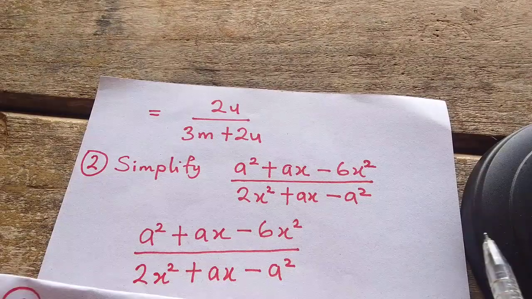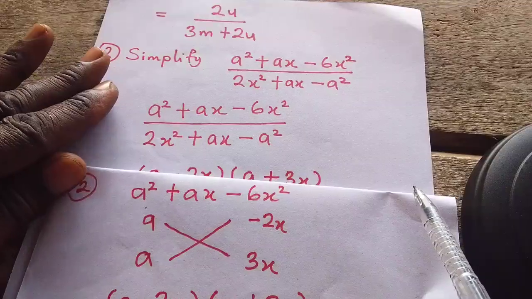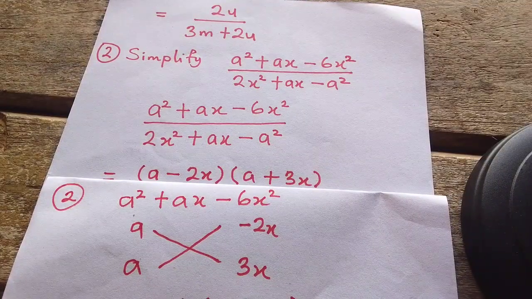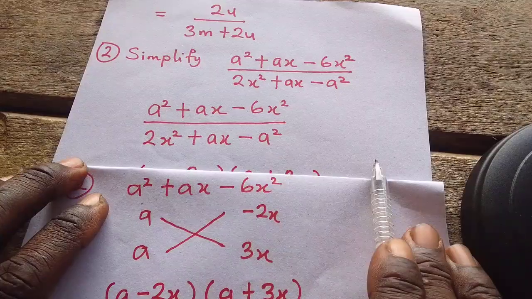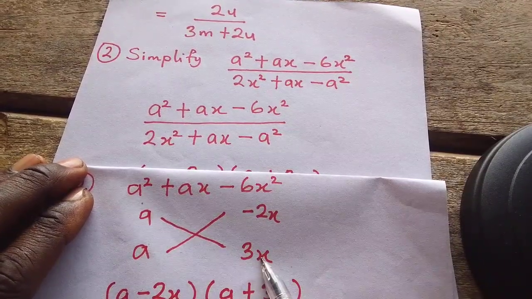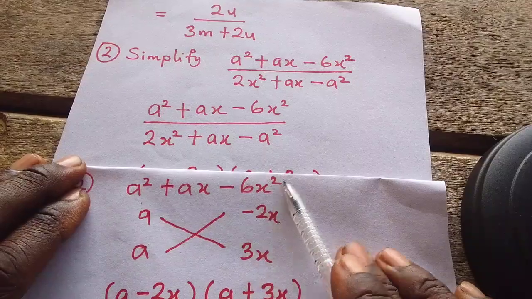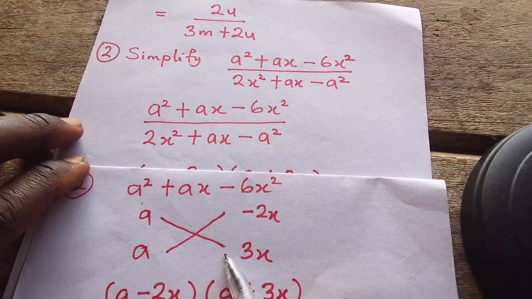So to factorize this a square plus ax minus 6x square, you realize that a times a will give us a square, then minus 2x times 3x will give us minus 6x squared. So that means you are having minus times plus is minus.